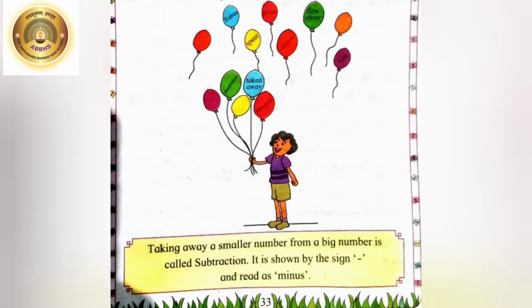Now look at the third picture and observe the balloons properly. There are few words given which are used for subtraction like spent, given, subtracted, flew away, left, decreased, taken away, remained, etc. Taking away a smaller number from a bigger number is called subtraction.